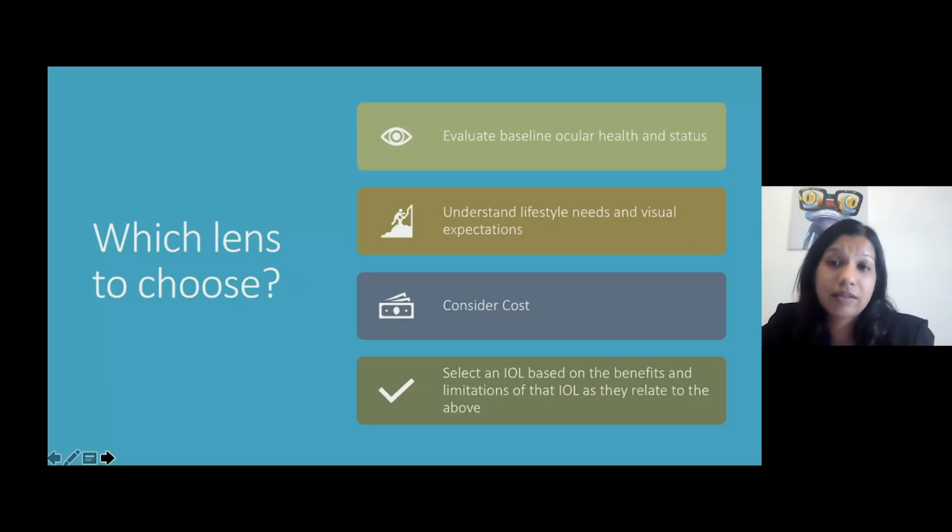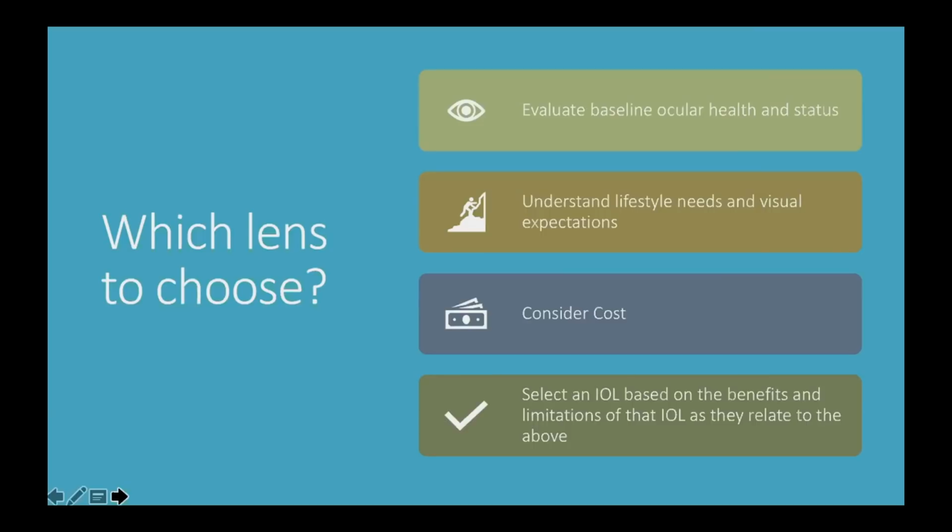One is, you have to evaluate, of course, your baseline ocular health and status, because some of these options may not even be a good choice depending on some other eye conditions. You really want to understand your lifestyle needs and what your visual expectations are. Consider cost. And then based on all of those things, you'll be able to select a lens based on the benefits of the lens and the limitations and what is best for you.